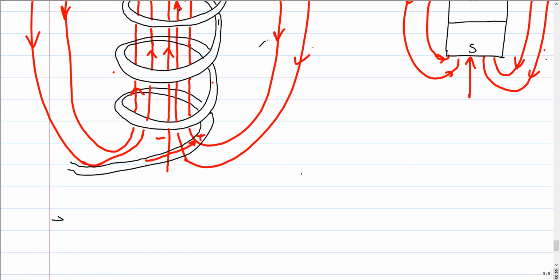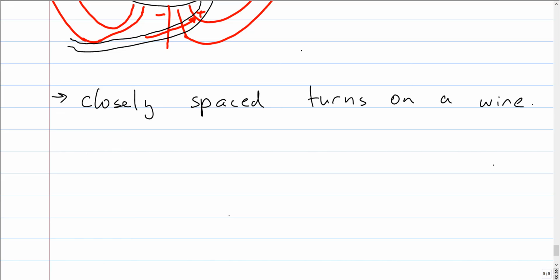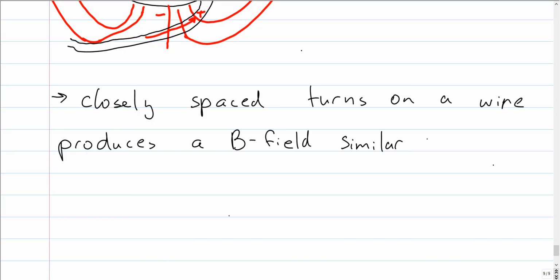As I was saying, I quickly wanted to note that closely spaced turns on a wire, basically how we've been describing what a solenoid is, produces a magnetic field similar to that of a bar magnet, let's say similar in shape to that of a bar magnet.